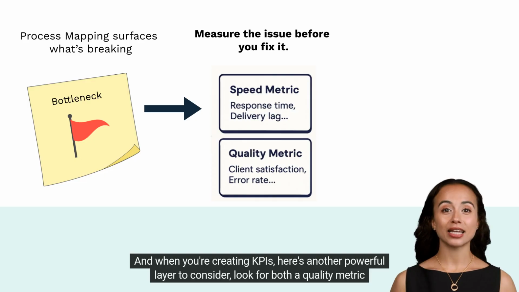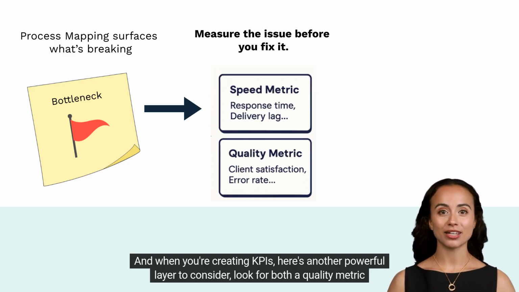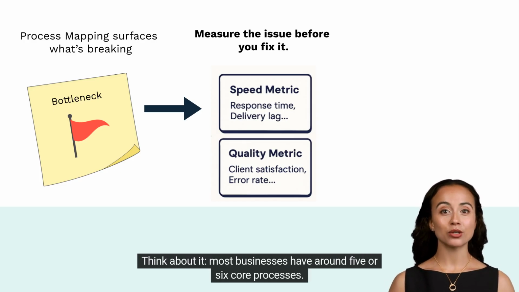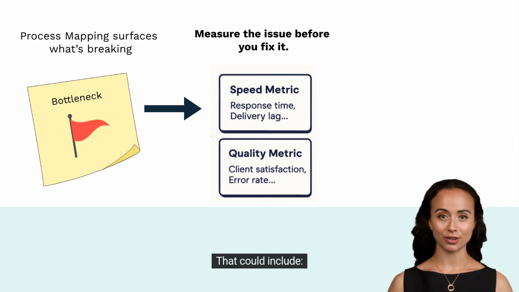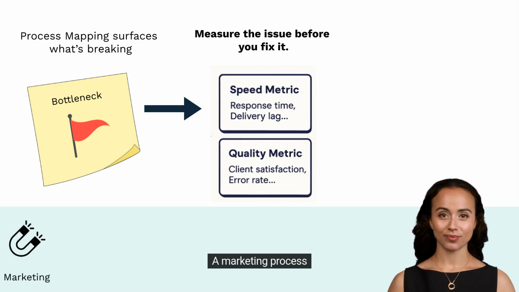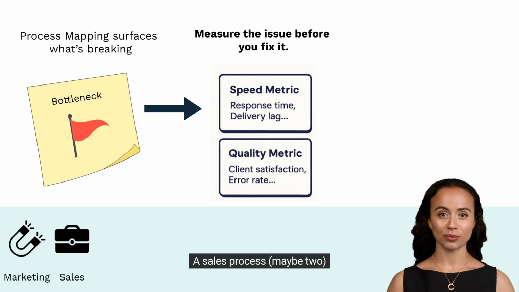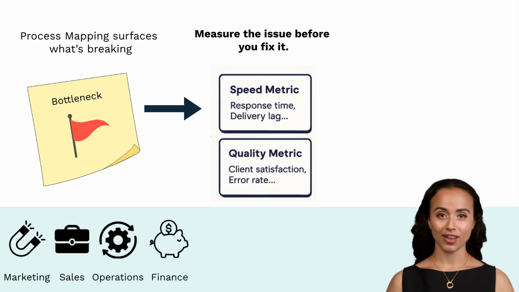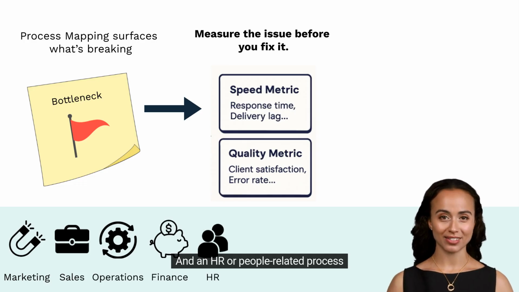And when you're creating KPIs, here's another powerful layer to consider. Look for both a quality metric and a speed metric within each process. Think about it. Most businesses have around 5 or 6 core processes. That could include a marketing process, a sales process, maybe 1 or 2 operational processes, a finance process, and an HR or people-related process.